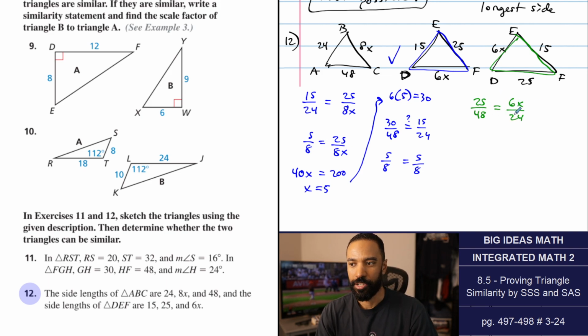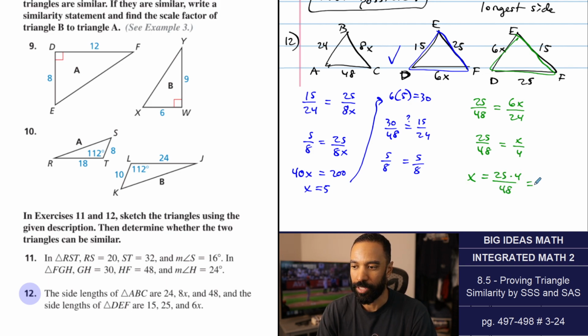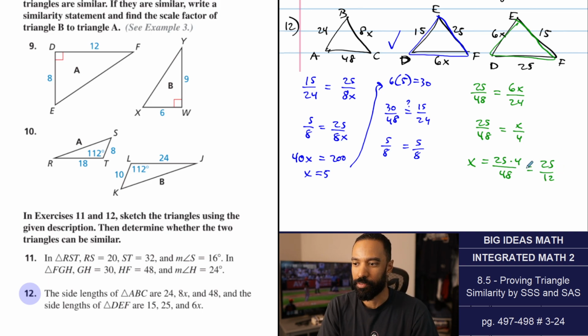Now, though this one can't reduce, this one can reduce to help me some. I can divide these both by 6, and I get x over 4. So now I can multiply both sides by 4. So x is 25 times 4 over 48. This won't be a clean number. x is 25/12.